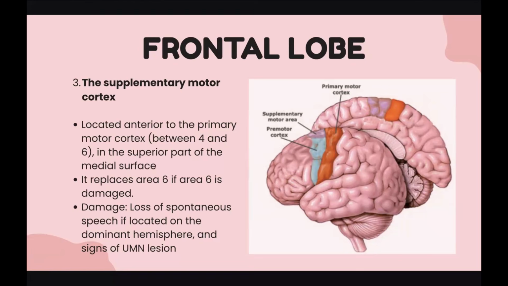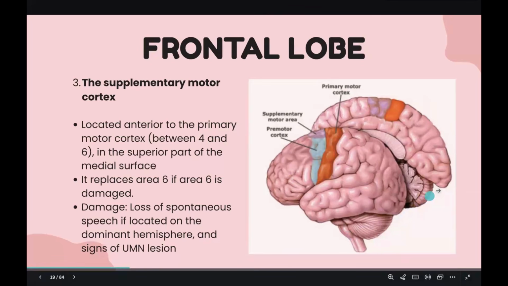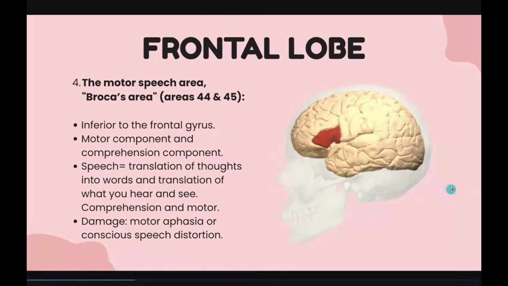And if the right one is the dominant one, then they will be left-handed, because the right controls what? The left. So they will be left-handed, and that's basically it. But we'll be talking more about this later, inshallah.